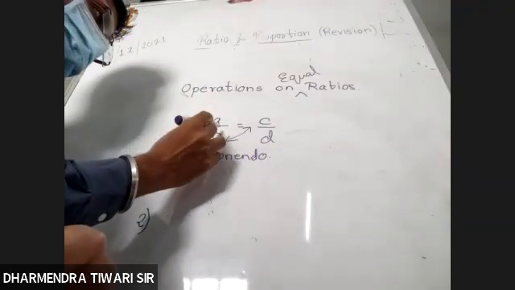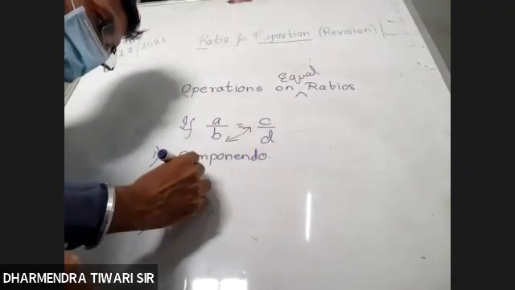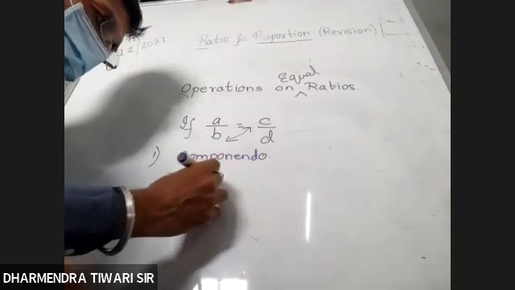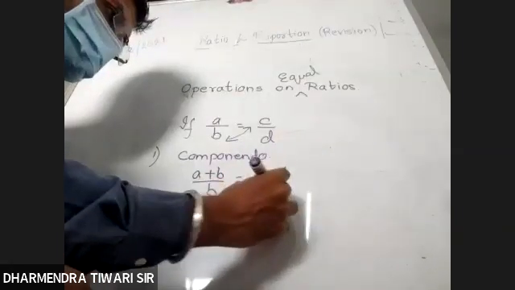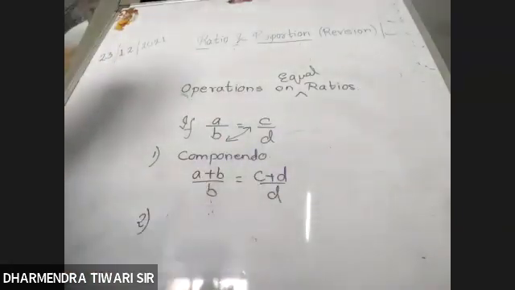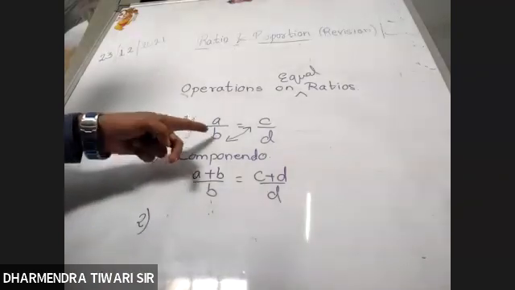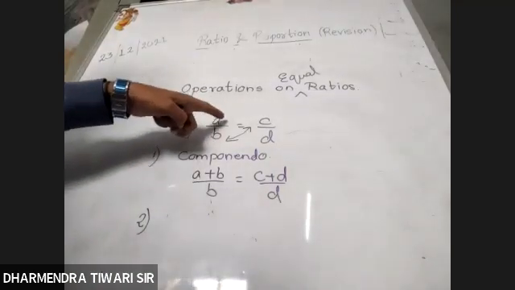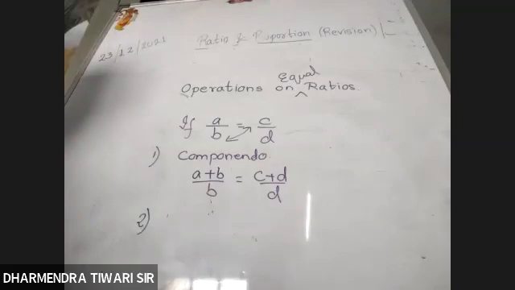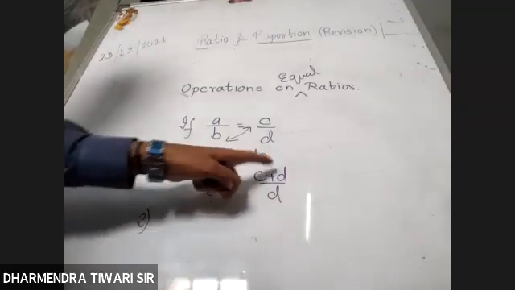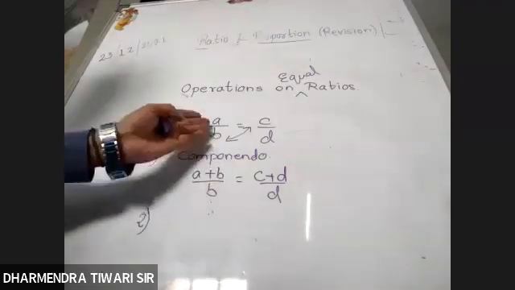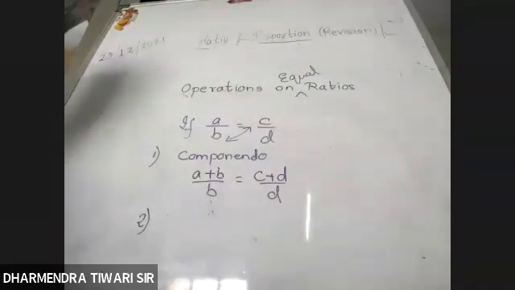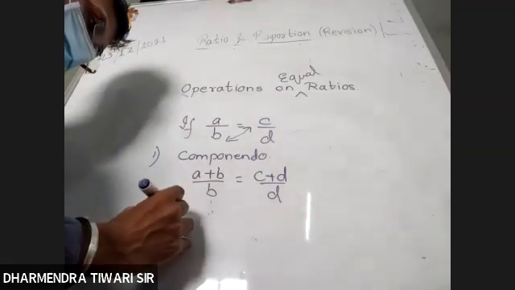So as we have A by B, by componendo we write it as A plus B upon B is equal to C plus D upon D. By observation, we have added the denominator to the numerator in both the ratios. Now next is dividendo.